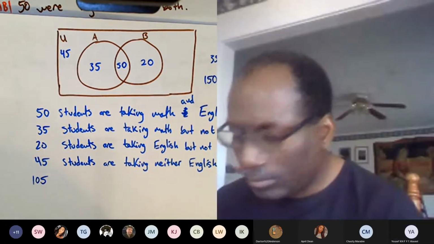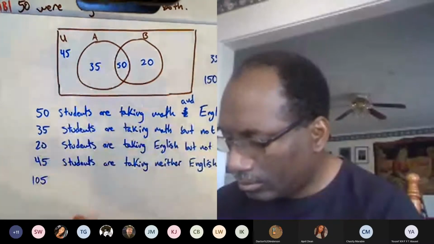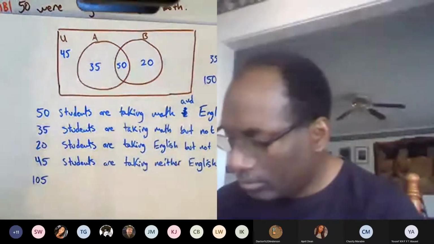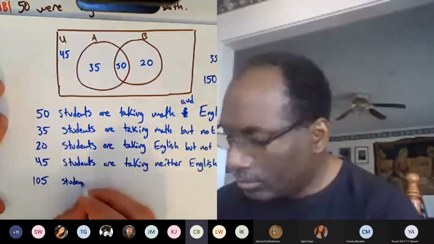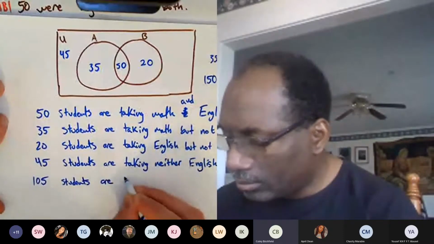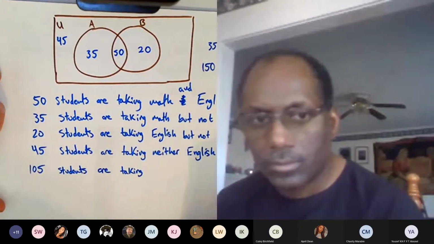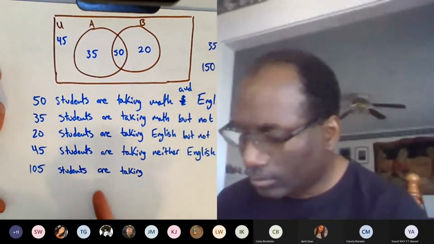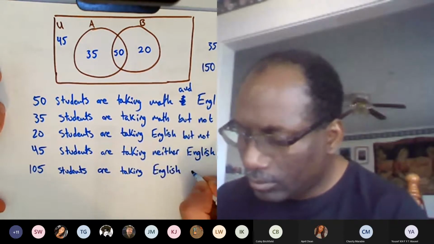But how can we say that in terms of, I'm looking for like English class and then or math class. It would be 105 students are taking either math or English. Yeah, I think you guys both said or, which is kind of the point. Okay, so 105 students are taking English or math.